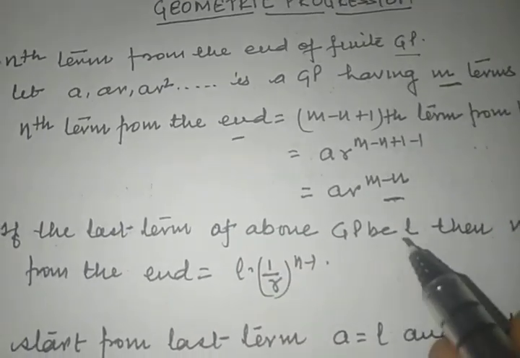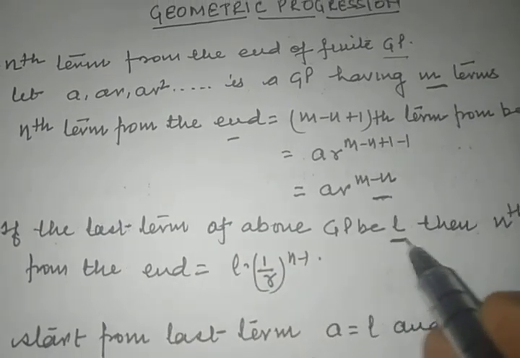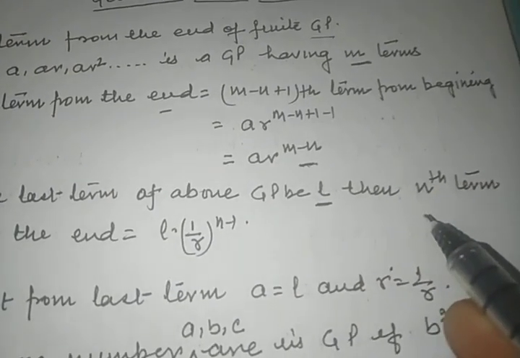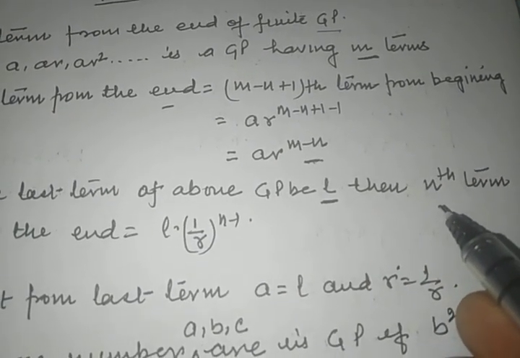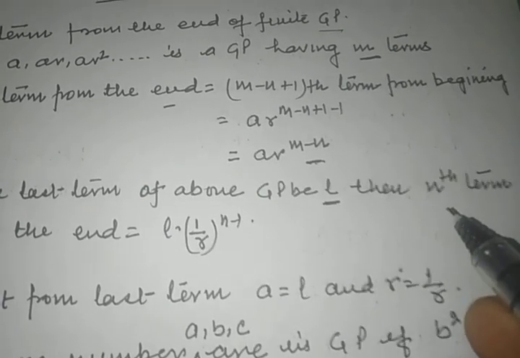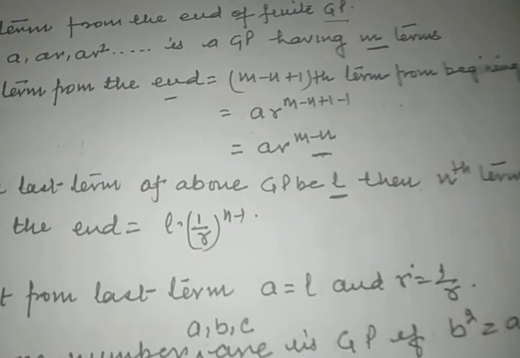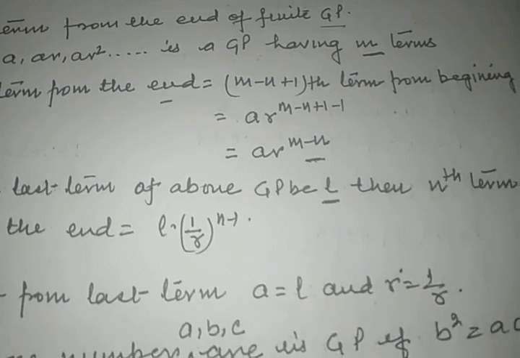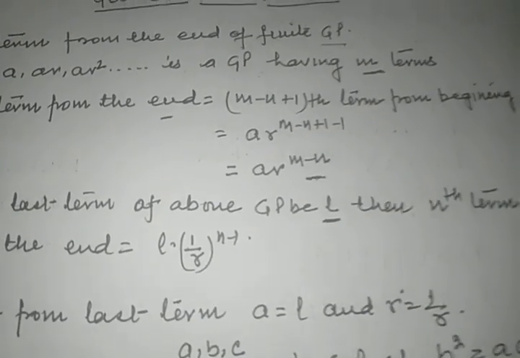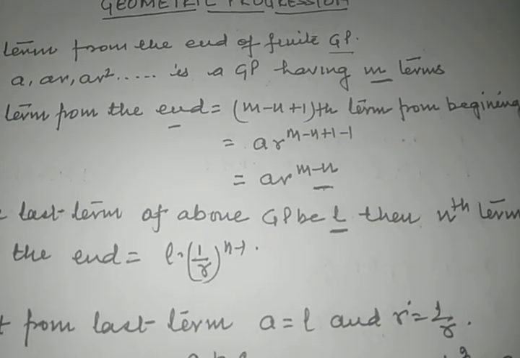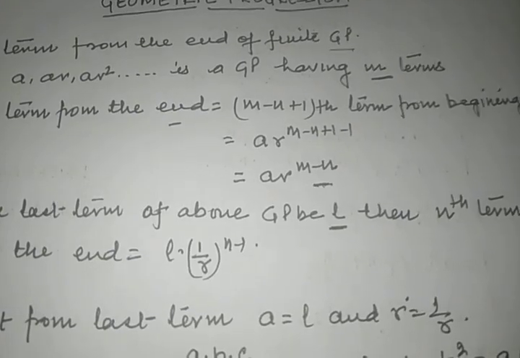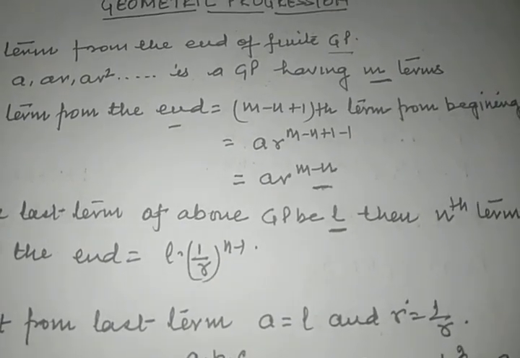Now, sometimes the last term is given. Last term L is given, and the nth term from the end is required. In that case, you have to do nothing but start your GP from the last term. The last term will be the first term, and the common ratio will be 1 upon r now.